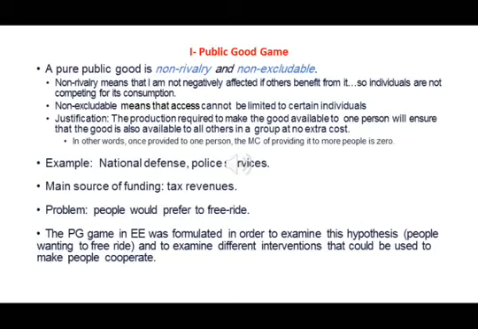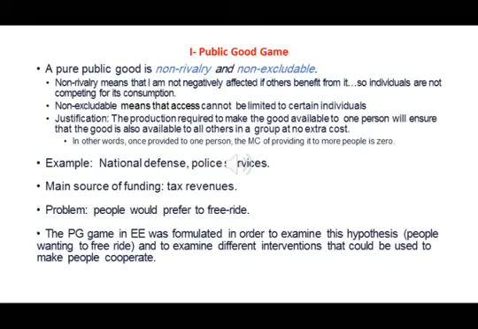It needs to be able to exclude those people who cannot pay the price for it, and by definition, you cannot exclude people from this pure public good. That's why it's not an option, and the private sector will never offer to provide this good.